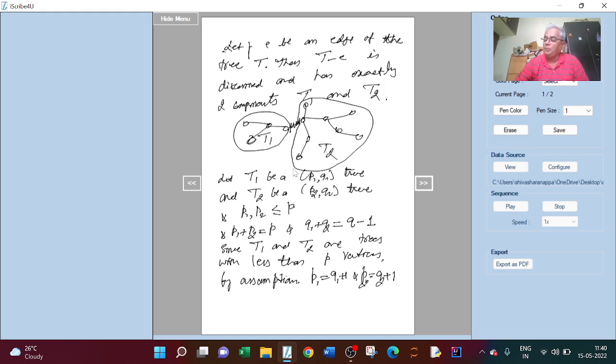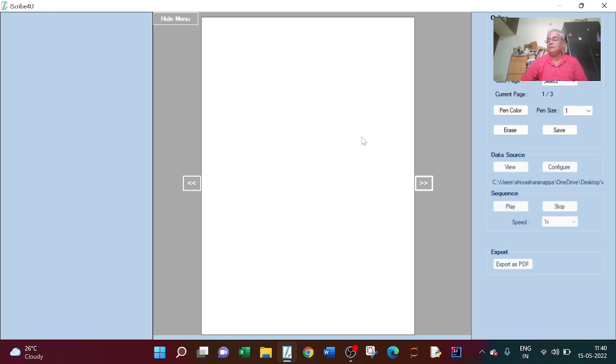Therefore P equal to P1 plus P2, this is equal to Q1 plus 1 plus Q2 plus 1.